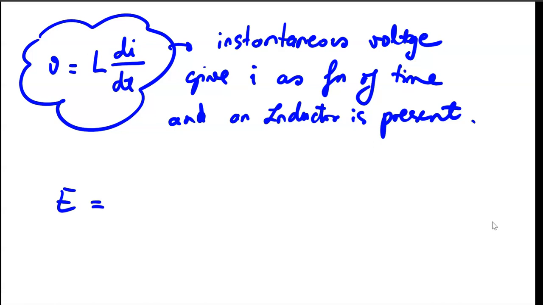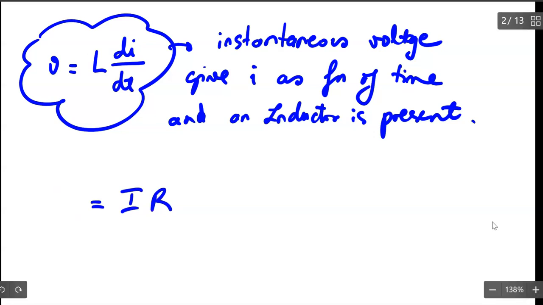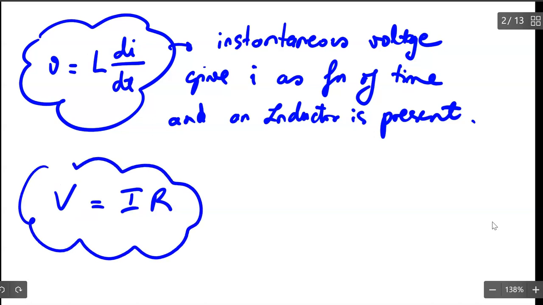I think I got it correct. Maybe I should put it as capital V. Voltage will be equal to the current multiplied by the resistor. So if you want to find the voltage across the resistor, you need to take the value of that resistor and multiply by the current through that resistor.